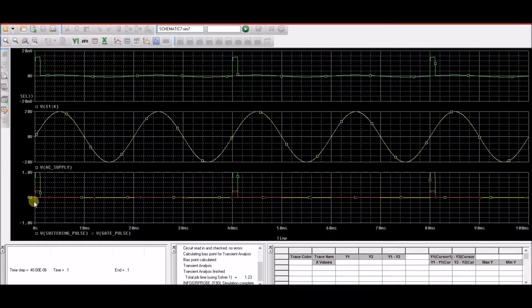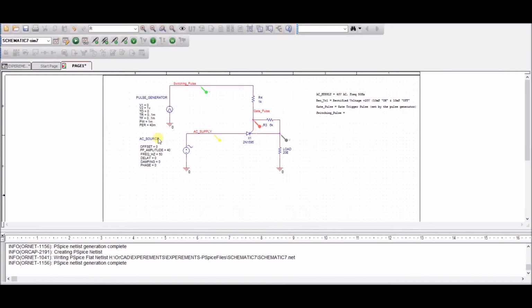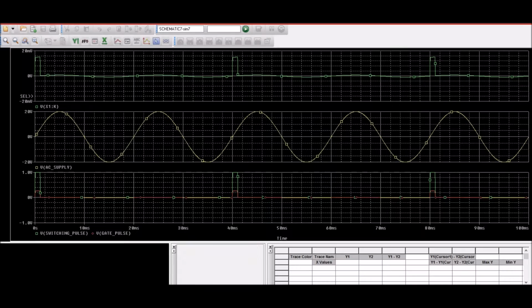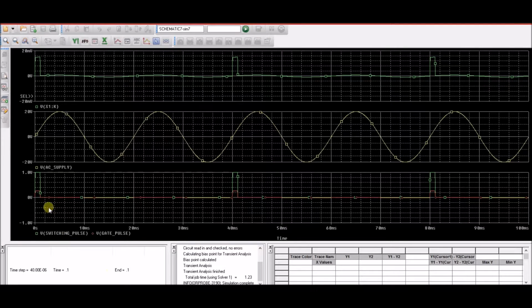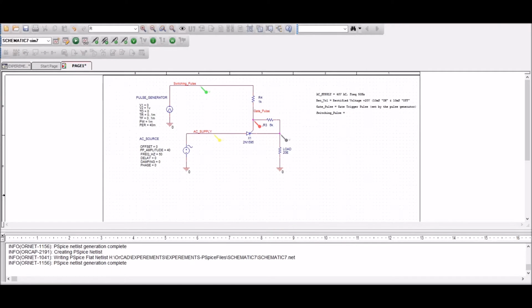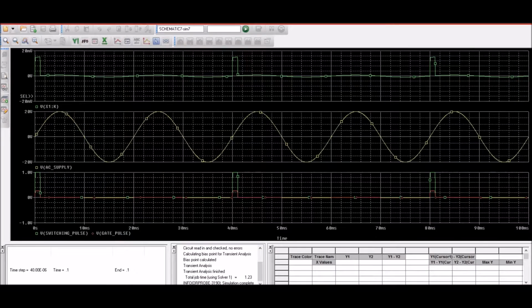So you can see that at the 0 starting point, this pulse goes to 1 volt, comes down, and there's a delay of almost 40 milliseconds minus the 1 millisecond pulse. After that it generates one more pulse.